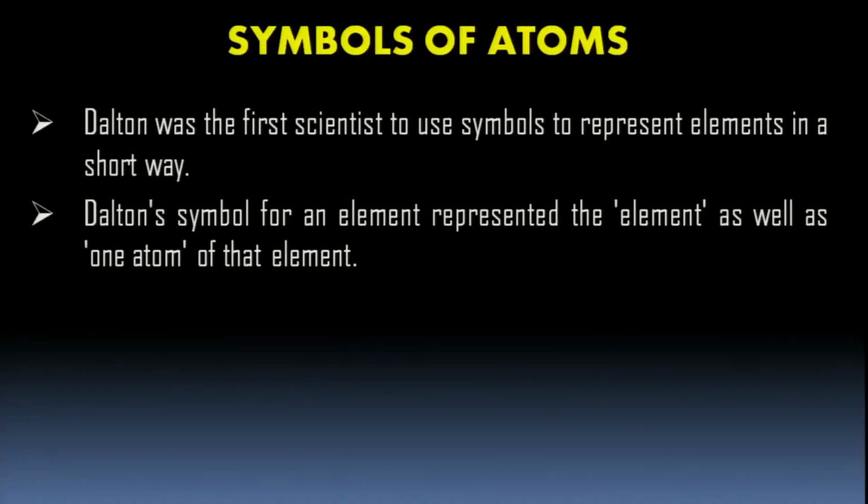Dalton has lots of contribution in chemistry, children. Dalton was the first scientist to use symbols to represent elements in a short way. Dalton's symbol for an element represented the element as well as one atom of that element. Let's see.